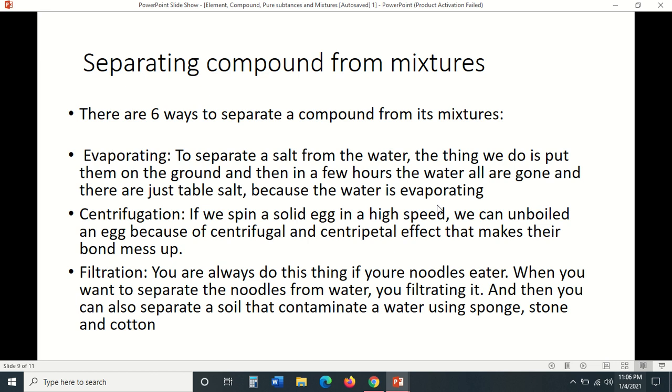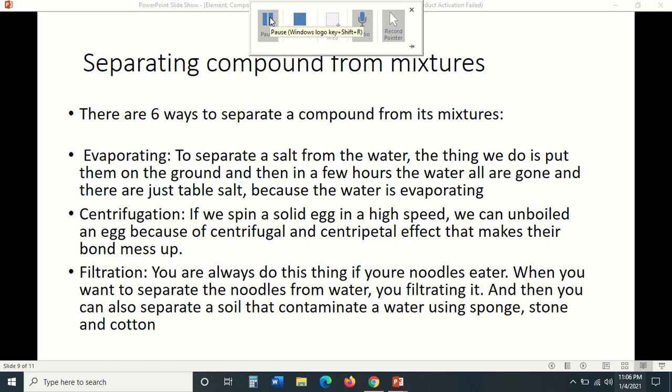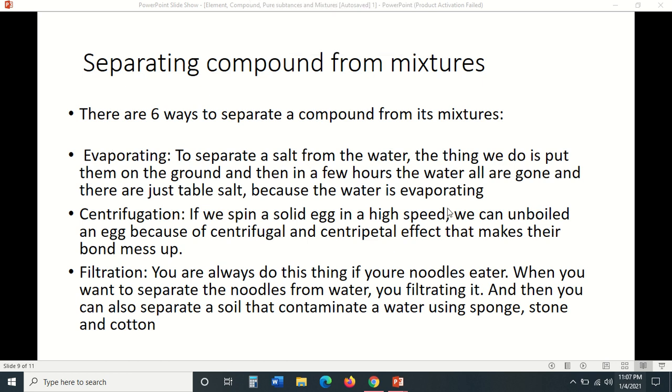We know that water itself at room temperature is liquid and salt is solid.